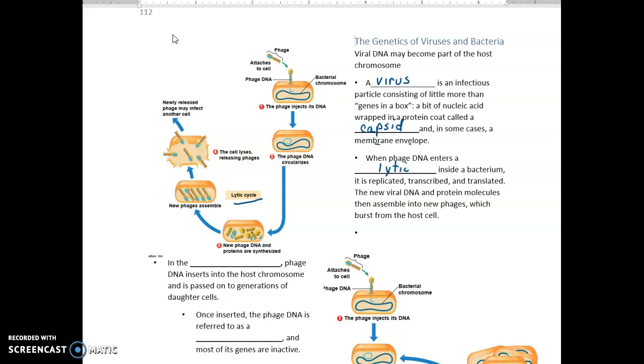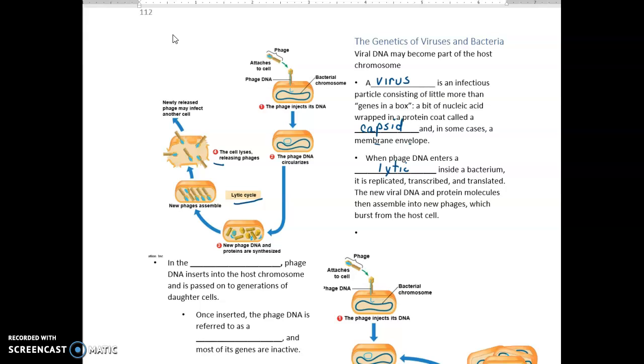The light blue phage DNA circularizes, and then that DNA is transcribed and translated, and new phage DNA and new phage proteins are synthesized. The new phages assemble themselves, and when the cell breaks open, the phages are released.